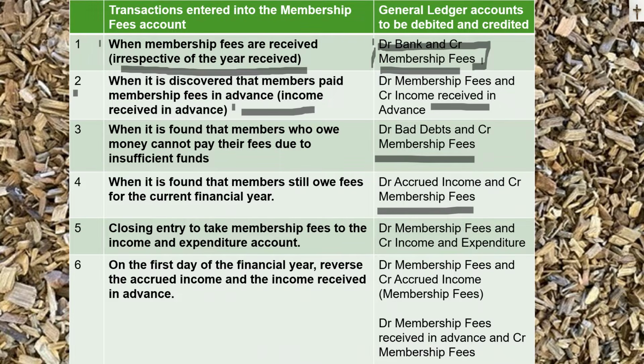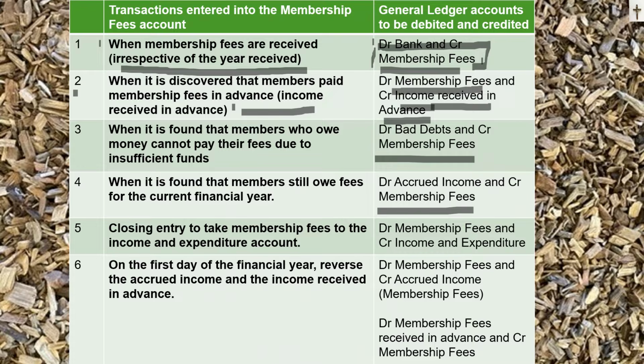That is income received in advance. It's not income earned in the current year, so we need to debit membership fees and credit income received in advance, because the membership fees must fairly reflect the income for the current year.